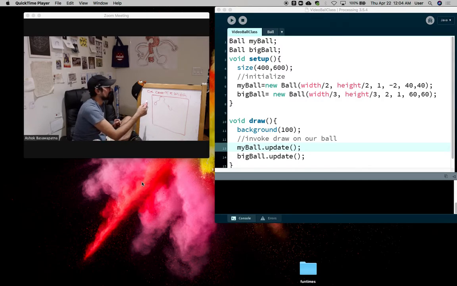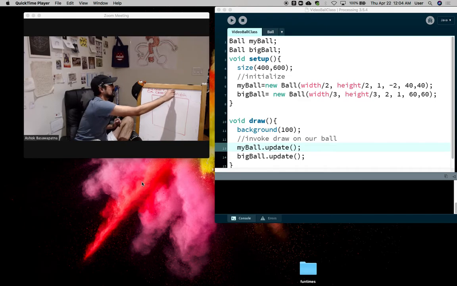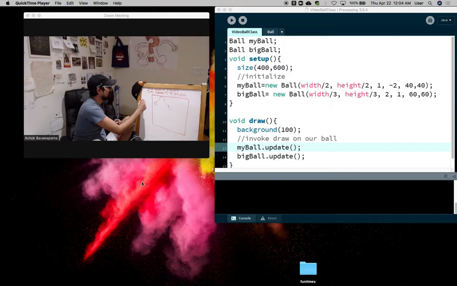And I can do the same with the height, right? So 0 less than center Y is less than the height. Now for the ellipse width and ellipse height, they can be as big as they want, right?